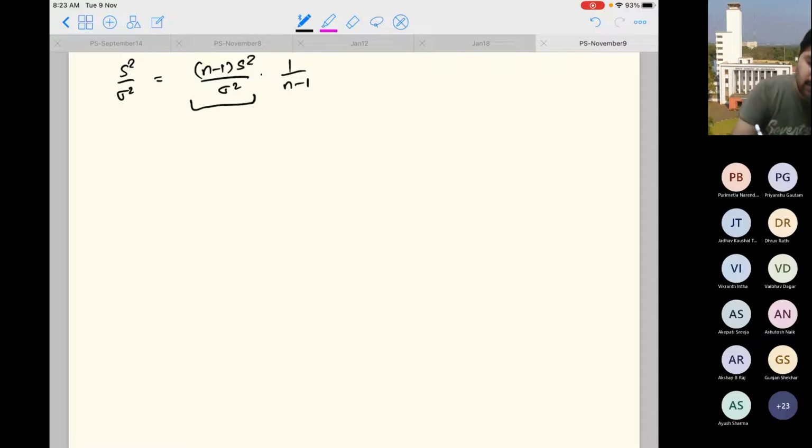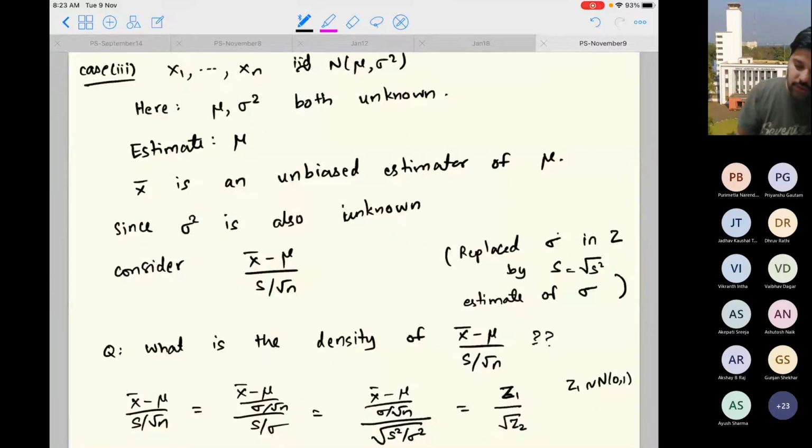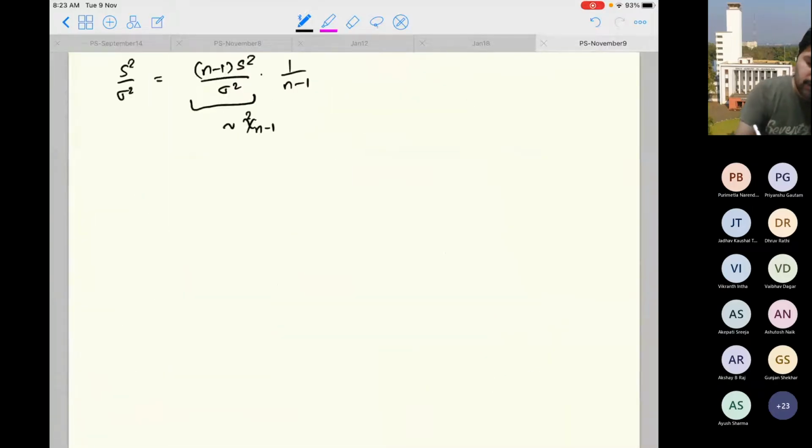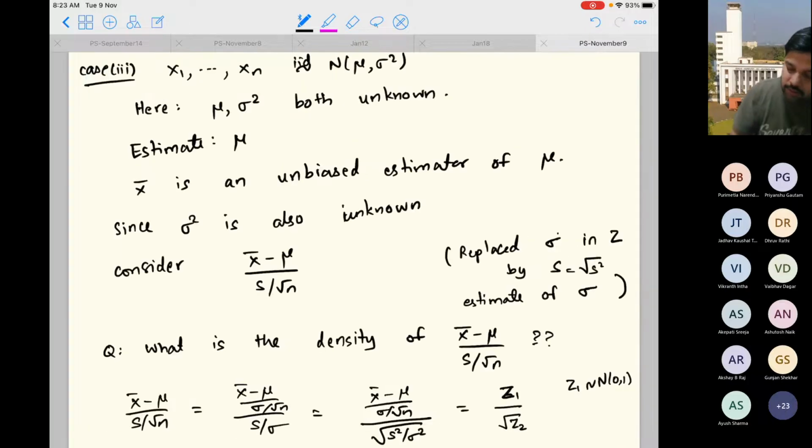And this particular random variable follows chi-square with n minus 1. So if I call z2 equal to n minus 1 s square by sigma square, then I have here z2 divided by n minus 1, right?